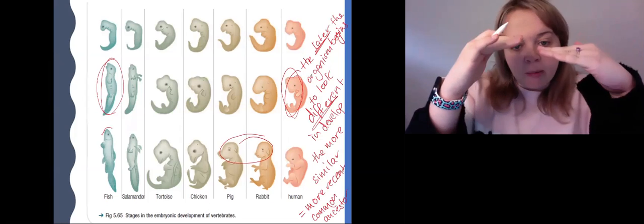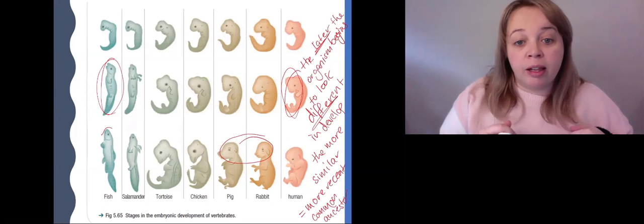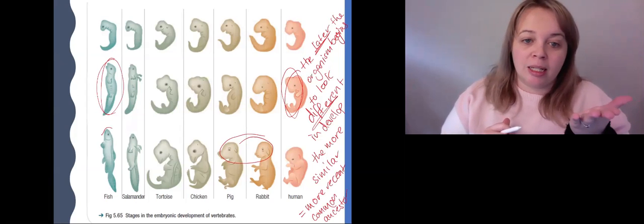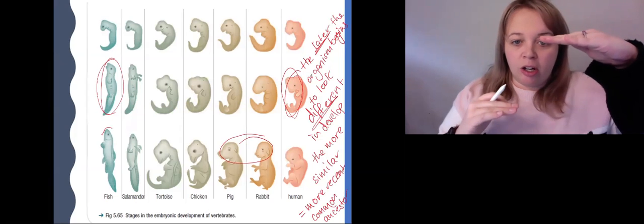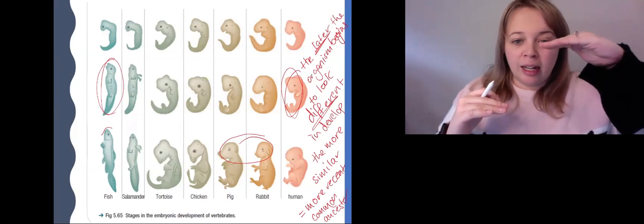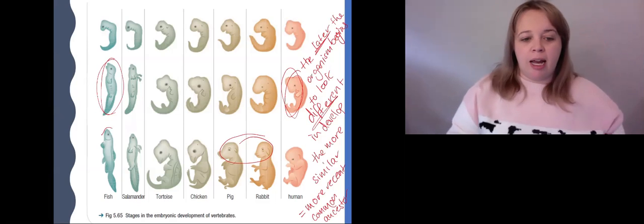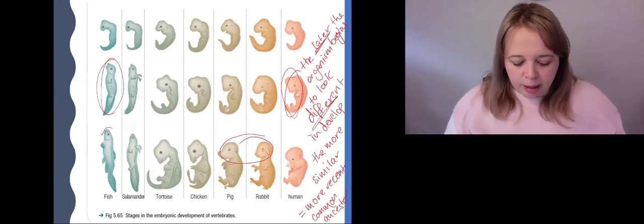If they look very similar throughout the whole development and just change towards the end, you would say that they had a recent common ancestor. If they look different really early on, then you would say that they don't have a very recent common ancestor. And you can see that throughout this whole process.